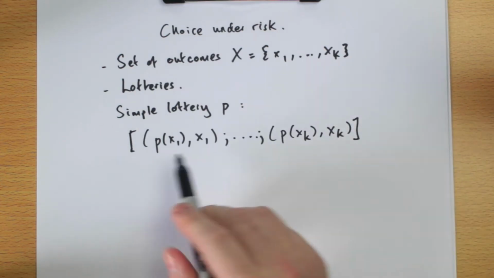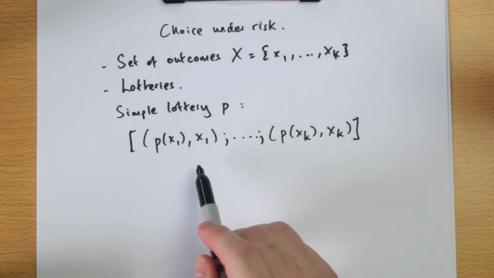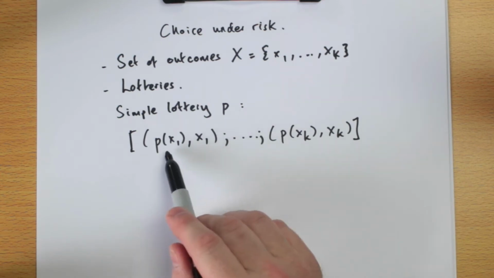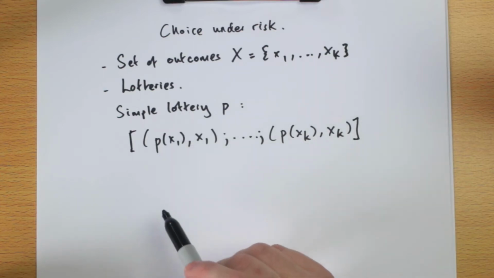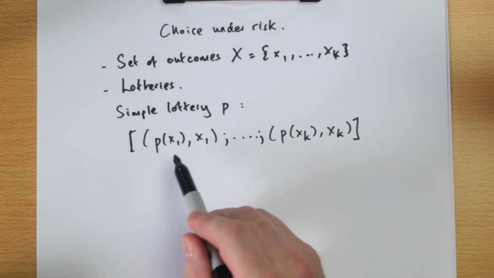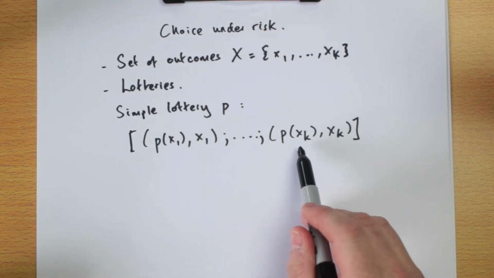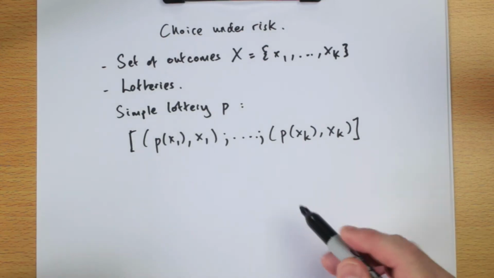So in this lottery, you can see that attached to each outcome x1, x2, x3, and so on is a number which is the probability of receiving that outcome. Essentially, when you choose this lottery, you're only going to get one outcome, and these numbers p(x1) up to p(xk) describe the probability that you actually get that outcome.